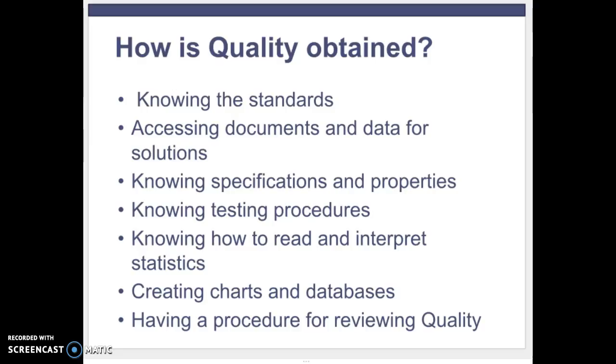So whether you're the employee or the manager, it's important that you understand where the standards are based and how your company rates quality. Knowing the specifications and properties is critical. Knowing testing procedures, so how do you test quality? Knowing how to read and interpret statistics. Having charts and databases that allow you to have a quick visual of quality within that company. And having procedures for reviewing quality.